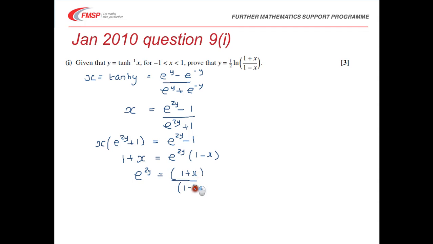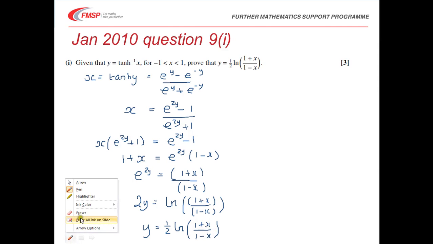And you can see we're getting there, which in turn means that 2y equals log of all that, which means that y is equal to a half log of (1 plus x) over (1 minus x).